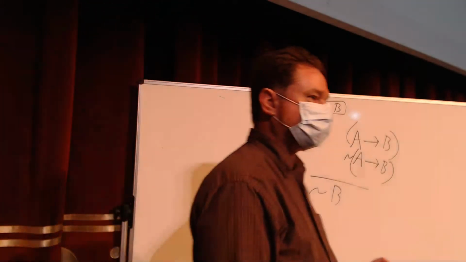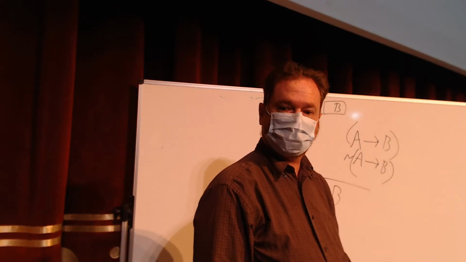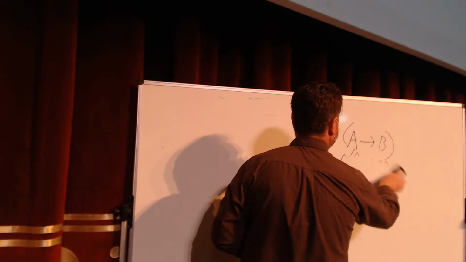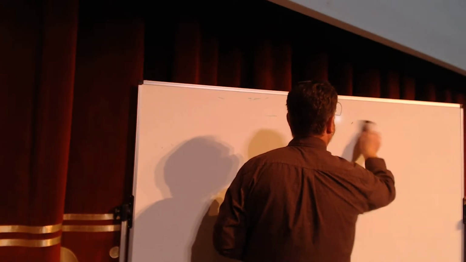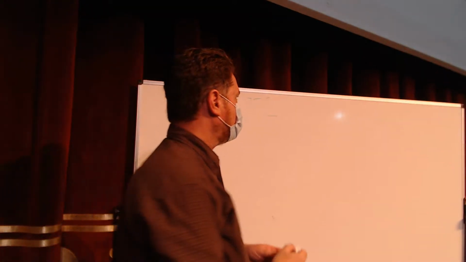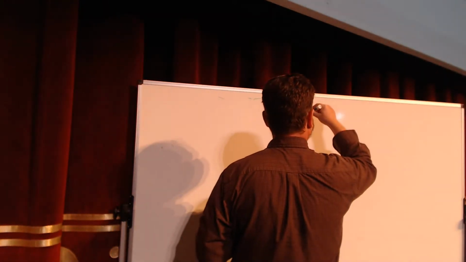Now, this has a real nice application to proofs. If I give you a bunch of assumptions and I tell you the goal of all these assumptions is to prove, let's say, A, well, guess what?